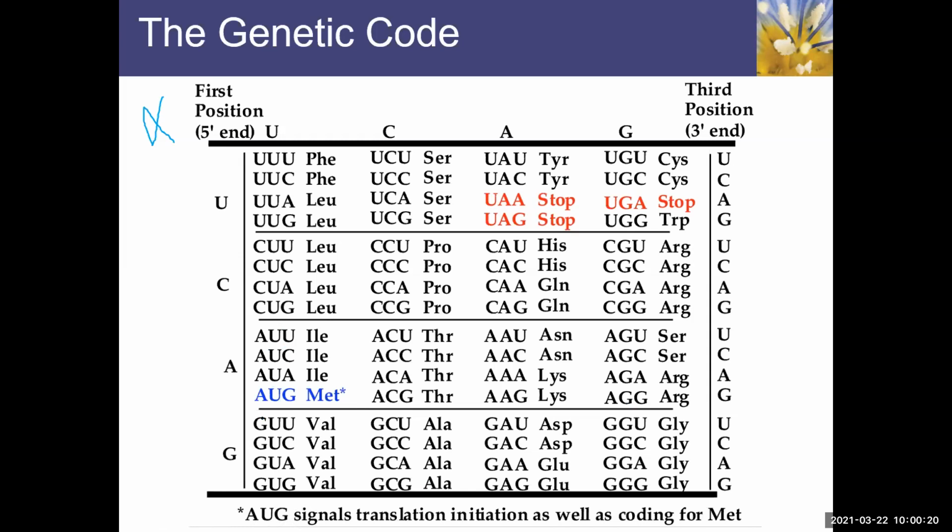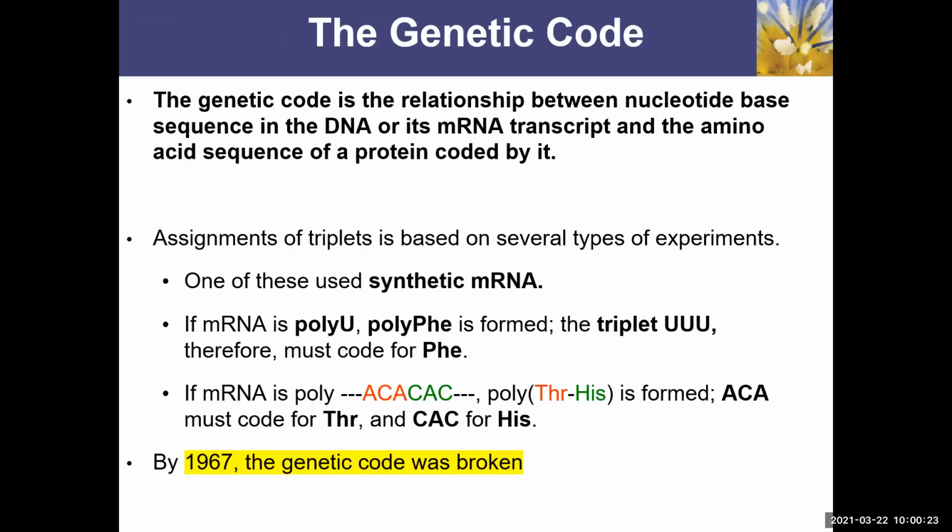For example, he took poly U, uracil, and then he tried to search in the genome, and found that this is the triplet which codes for phenylalanine. That's what he did.